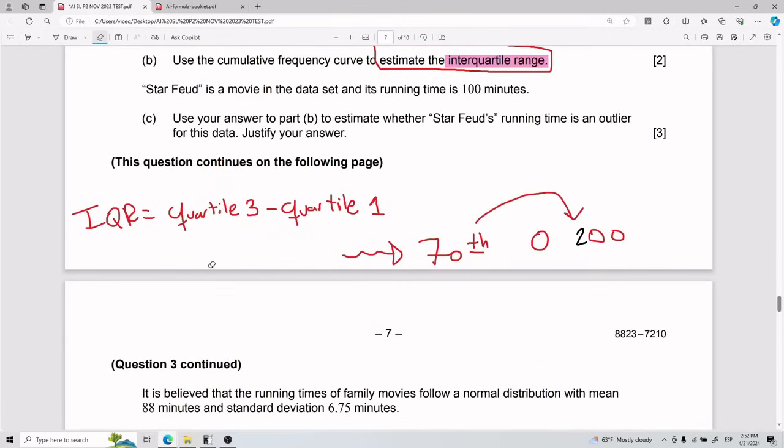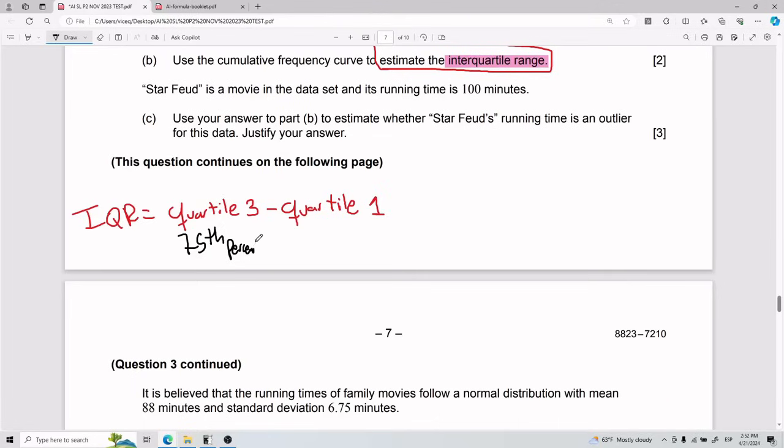And so if we're talking in terms of quartiles, think about it this way. Your quartile 3 is your 75th percentile, and your quartile 1 is your 25th percentile. Because it's in quarts, it's like 1/4, 1/4, 1/4, right?